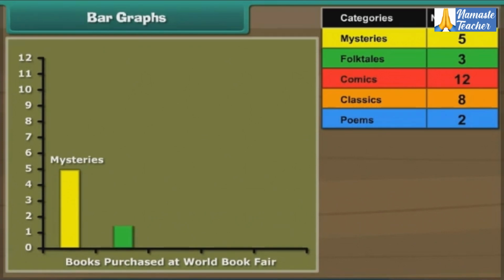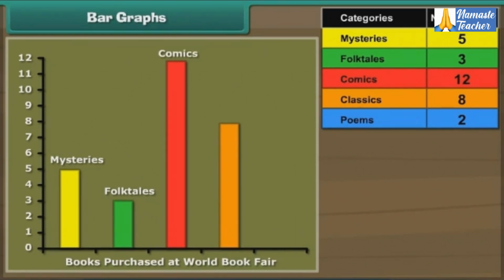Then we draw a bar 3 centimeters tall to represent folk tales. Next, we draw a bar 12 centimeters tall to represent comics. We now draw a bar 8 centimeters tall for classics. Last, we draw a bar 2 centimeters tall for poems. The bar graph is ready.